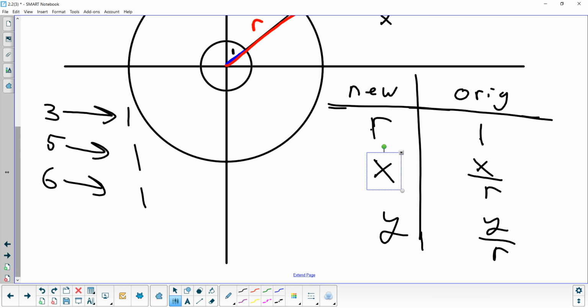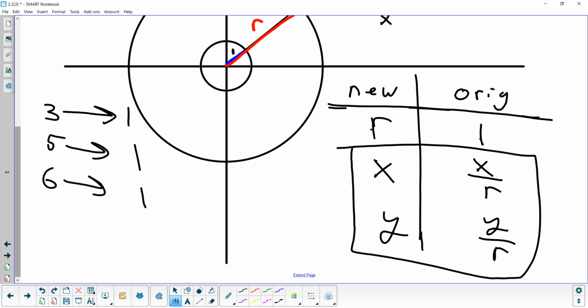Now, the only thing we have to look at is what just happened right here. X turned into x scaled down by the size of r. Same thing with y. Y turned into y divided by r.